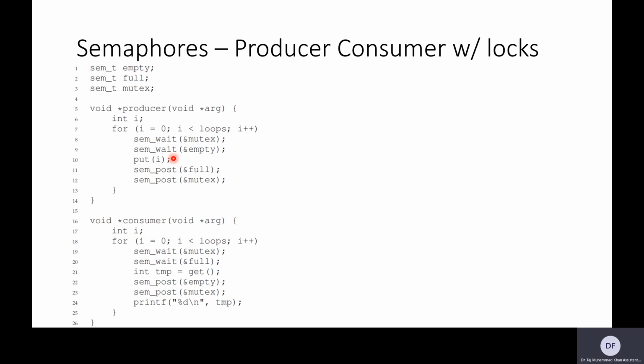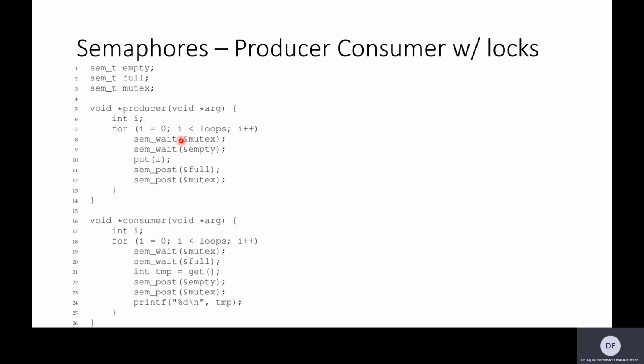Again, this same implementation is in the producer, so it will be in all producers, and the same implementation is in the consumer. So let's again take the scenario of multiple producers. If there are multiple producers, they call semwait on this mutex lock simultaneously. Since the initial value is 1, only for one of the threads will semwait return immediately.